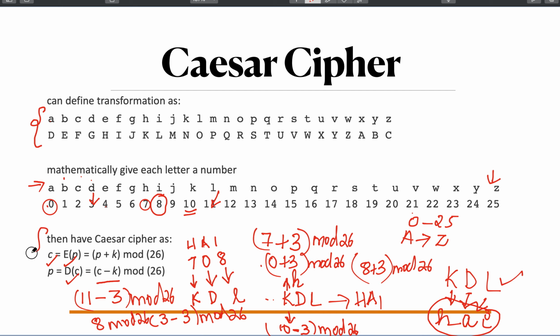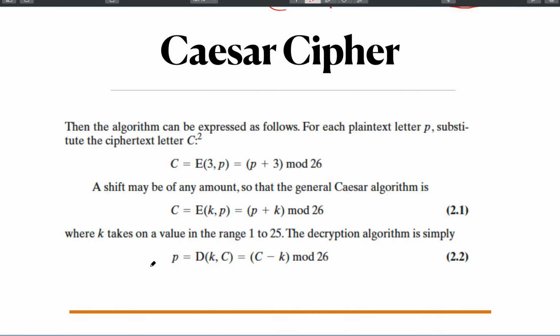So this is the mathematical equation to represent Caesar cipher. To get the cipher you do P plus K mod 26. To get back the plain text you do C minus K mod 26. Hope that's clear. Now all these representations are shown here again. The plain text is added with 3 mod 26 to get the cipher.